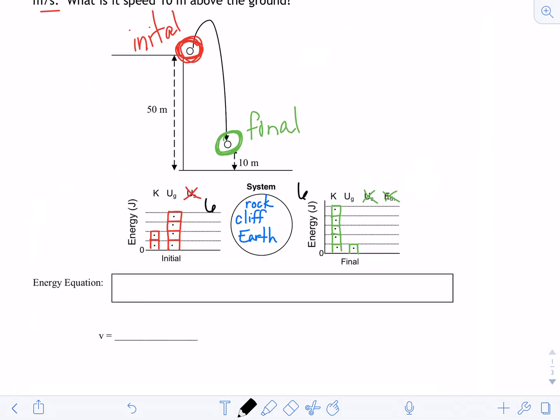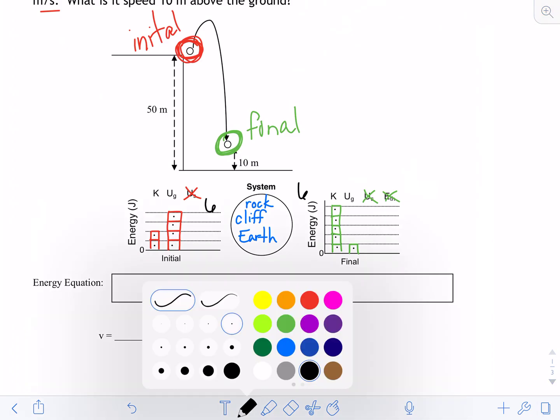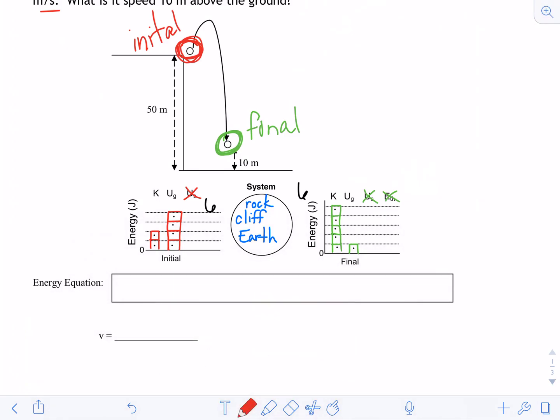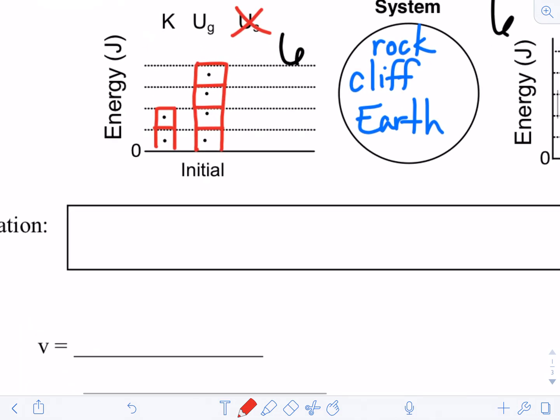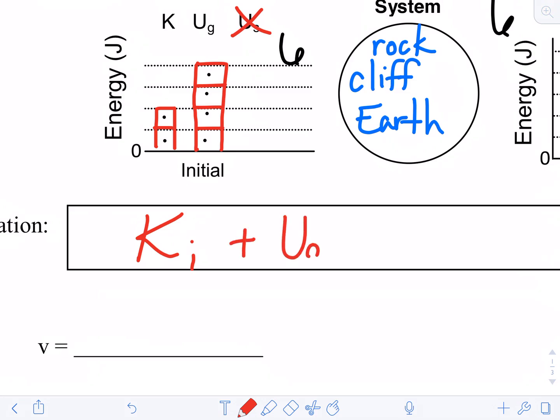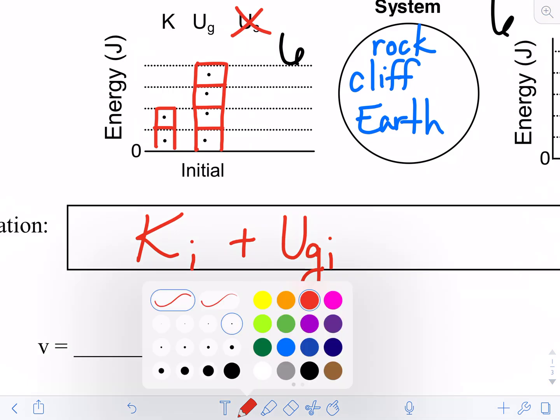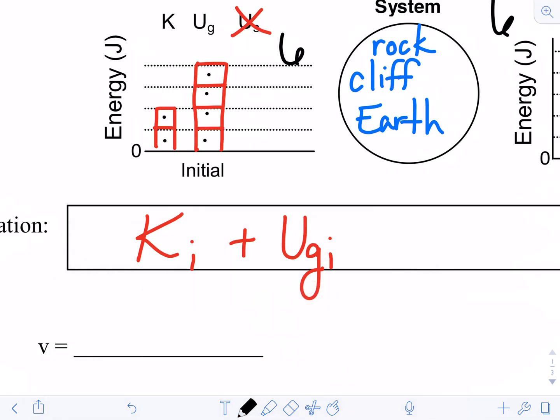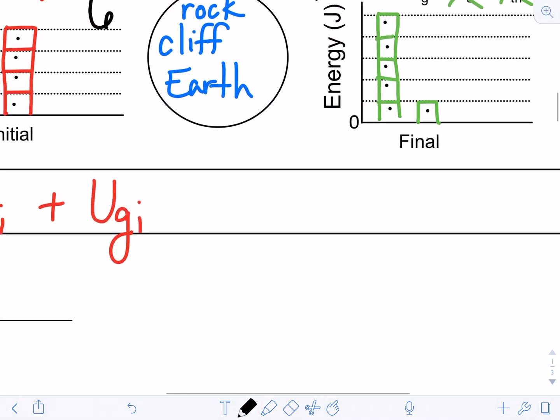And now I can use this LOL diagram to write myself a little energy equation. This energy equation is just going to re-express what I have written on the bar graph. This is saying that my initial kinetic energy and my initial gravitational energy, those are the two kinds of energy that I have at the start.